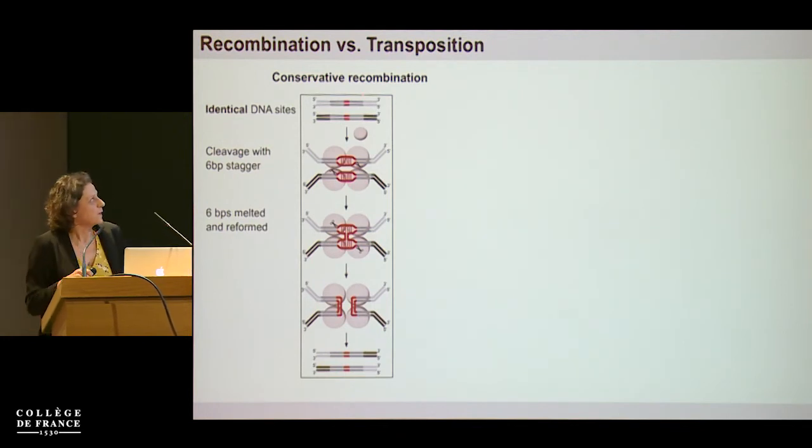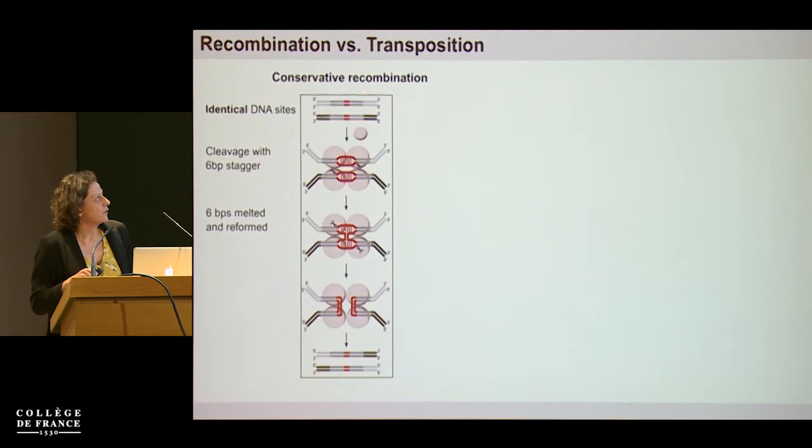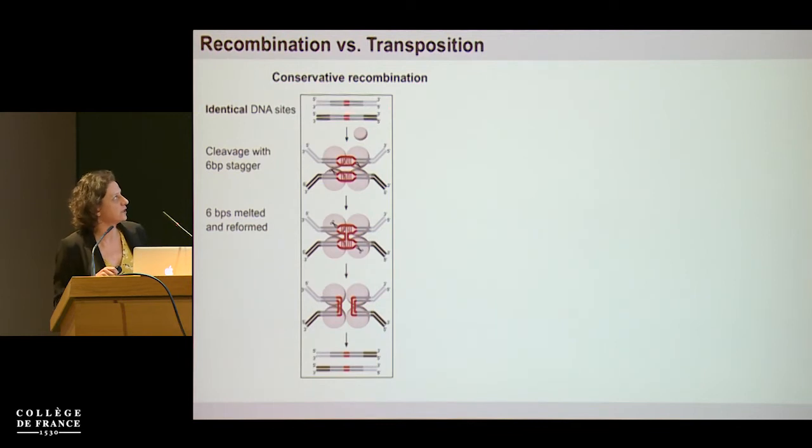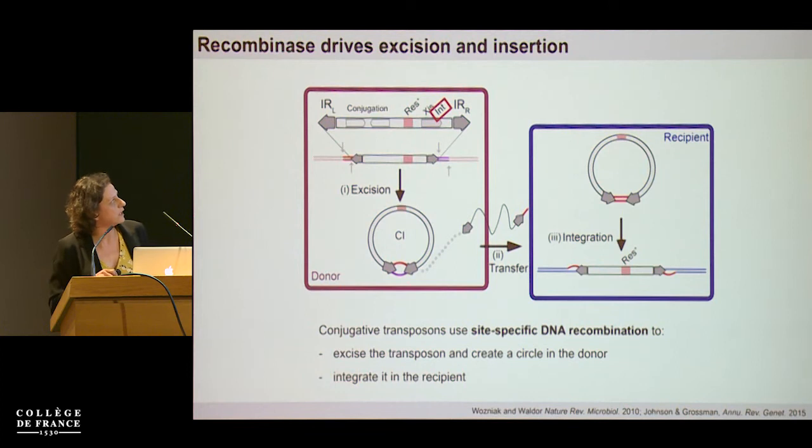Basically, for the transposon to excise or integrate into its genome, a protein needs to recombine the two ends of the transposon to create a circle, and then the circle integrates itself into the new genome by recombination of the joint transposon ends with the target DNA substrate.